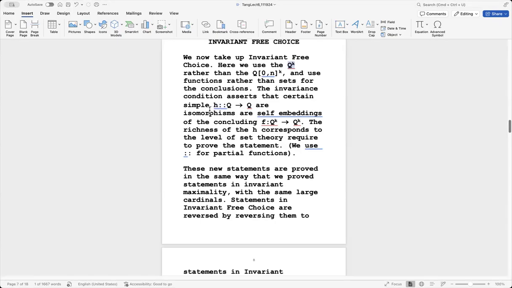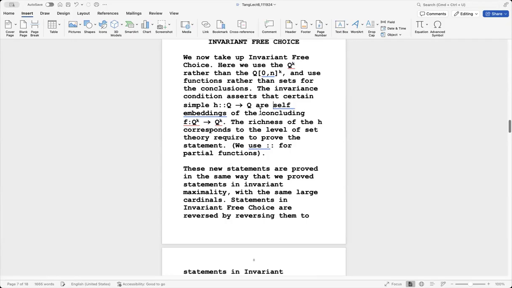It asserts that certain simple partial functions, this double dot means partial functions, are self-embeddings of the concluding item, the concluding function. The richness of the self-embeddings corresponds to the level of set theory required to prove the statement.